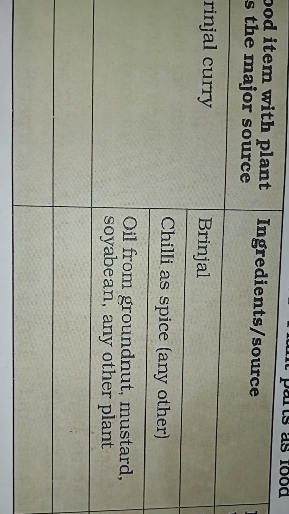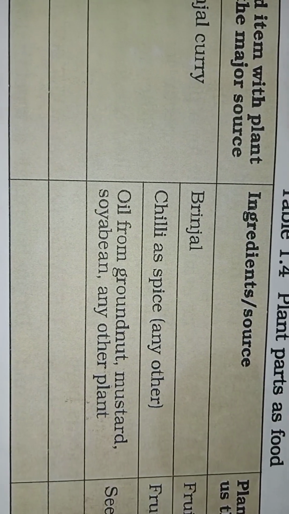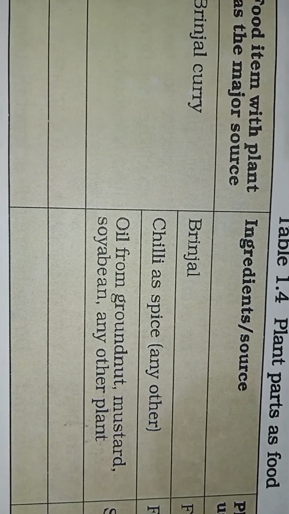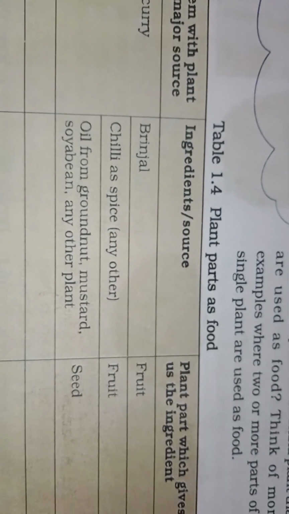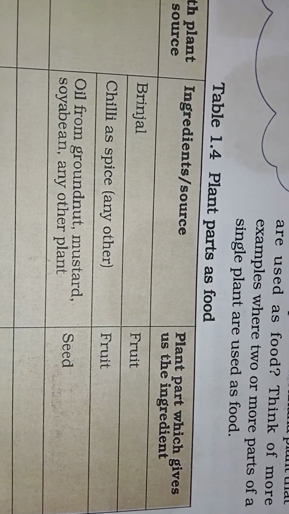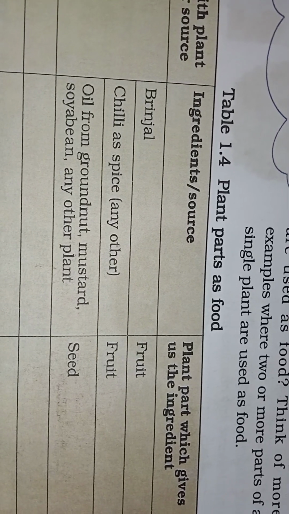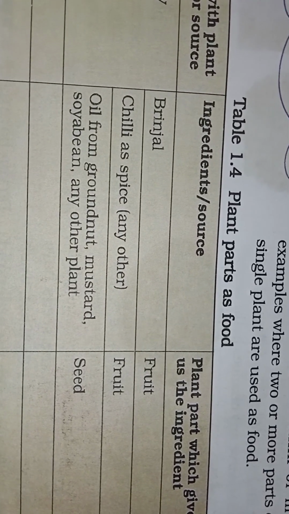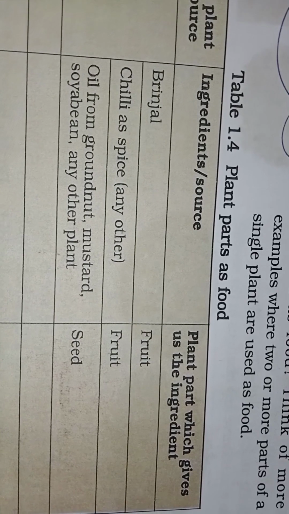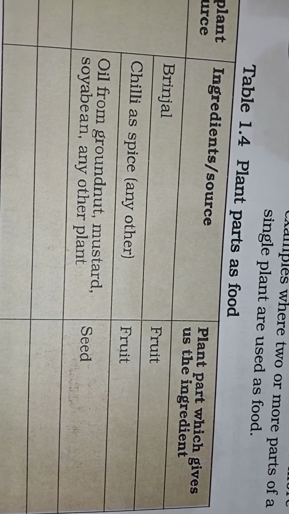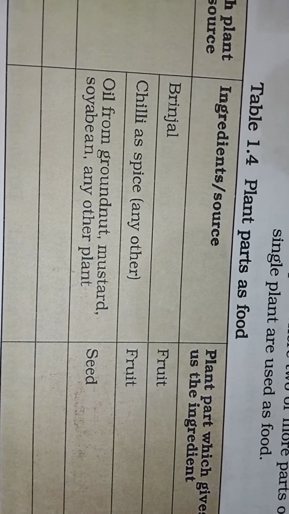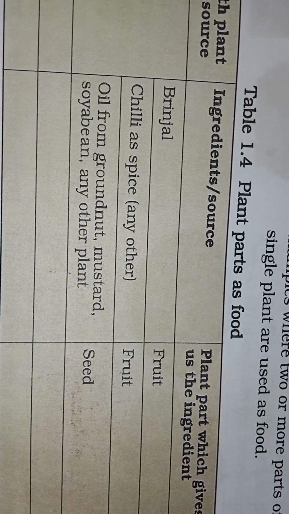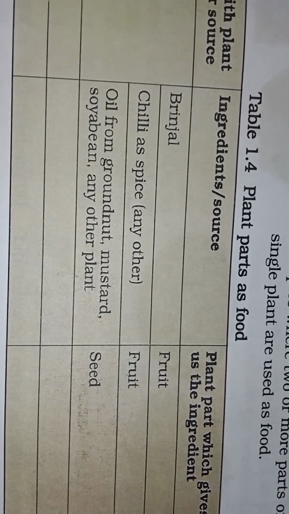Oil from groundnut, mustard, soya bean, any other plant. Okay. Brinjal, it is a fruit. Chili as a spice, it is a fruit. Oil from groundnut, mustard, soya bean, any other plant, seed. Okay.